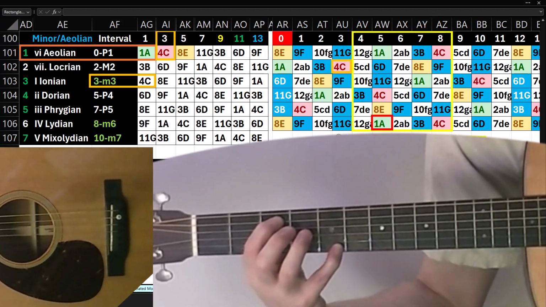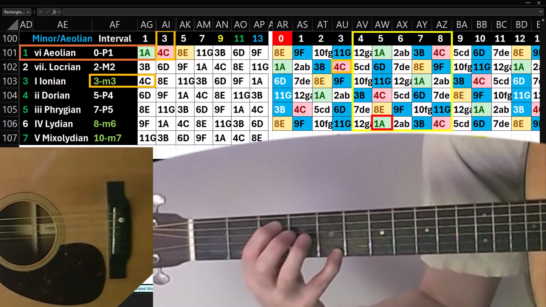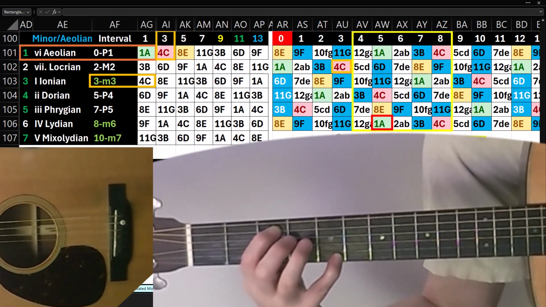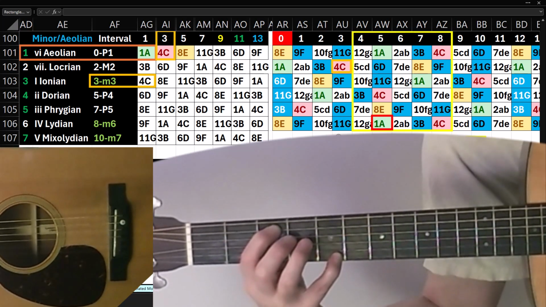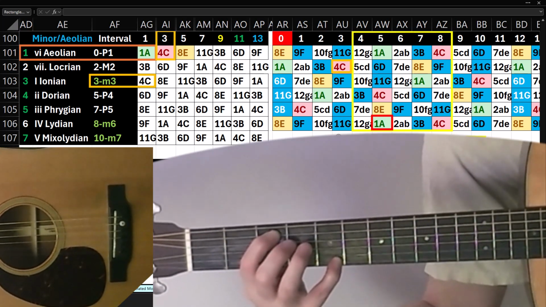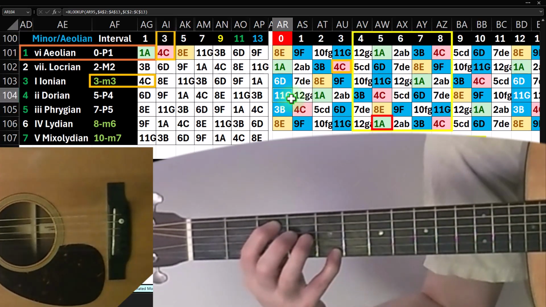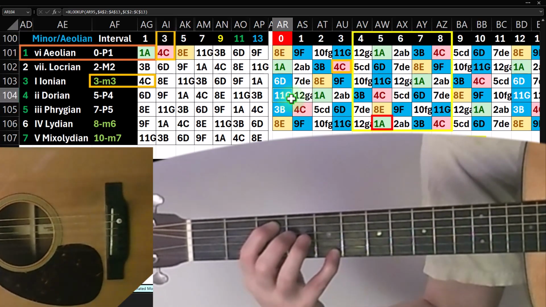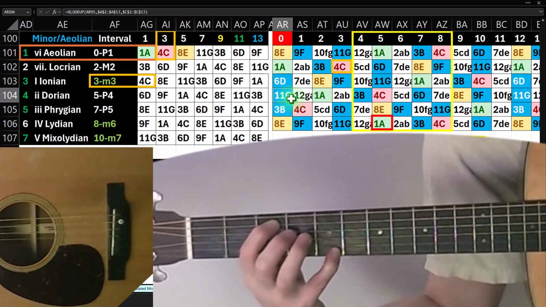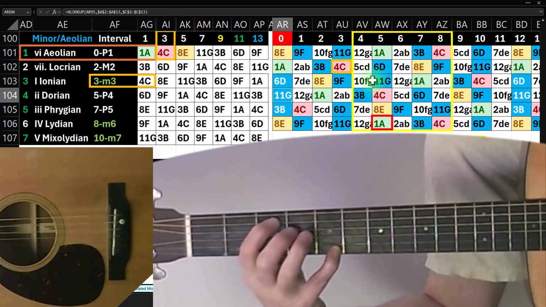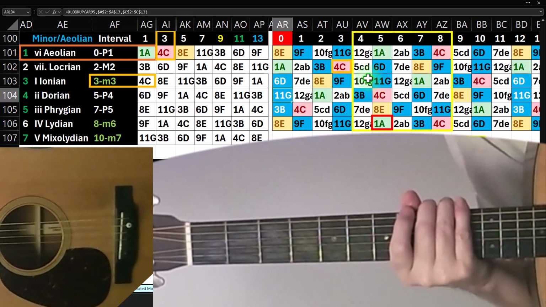Therefore, it would be a 3-note away minor third. So if I go up 4 strings, I will always cross the fault line, because if I started above the fault line, I don't have enough strings to go up. That's why. So if I go up 4 strings, I always cross the fault line, and therefore the 3-note away minor third will always be 2 frets back, baby.